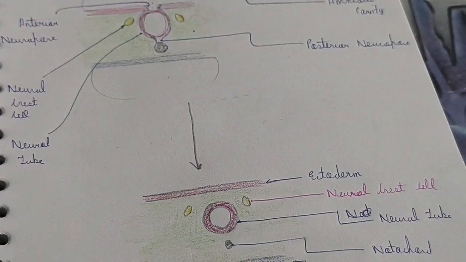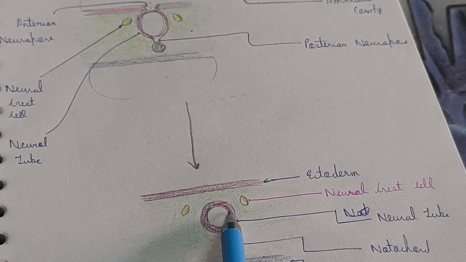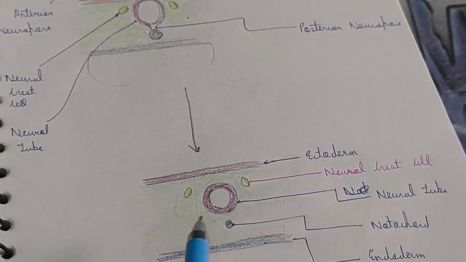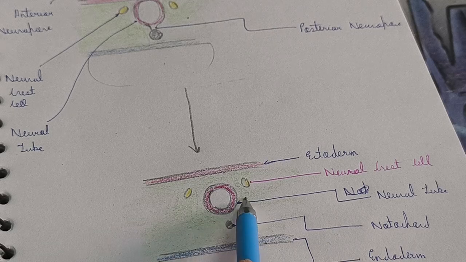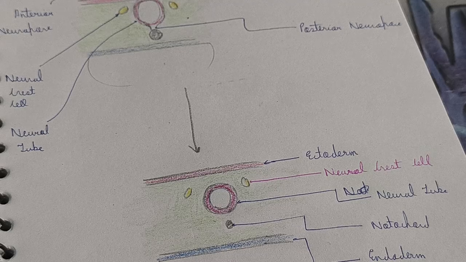And finally, when both the neuropores of the neural tube are closed, then the complete neural tube is formed. That's all. Failure of closure of the anterior neuropore leads to anencephaly, and failure of closure of the posterior neuropore leads to spina bifida.